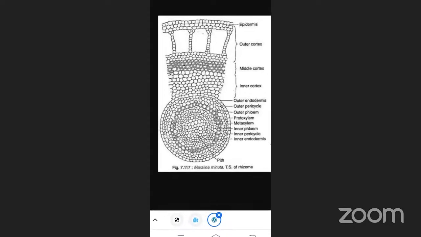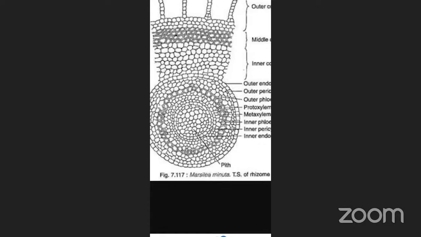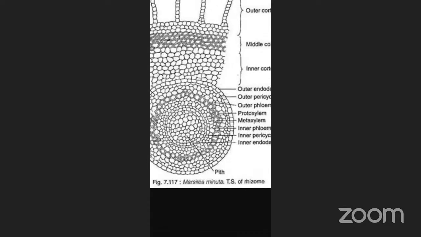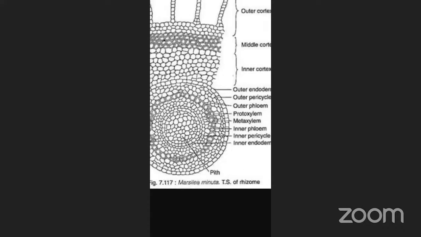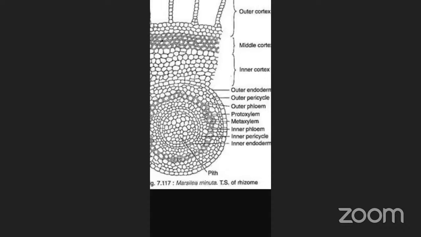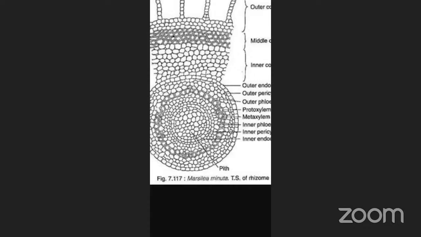Amphiphloic siphonostele means the xylem is surrounded on both sides by the phloem, on the inner side as well as the outer side. Inner pericycle and inner endodermis are there, and outer pericycle and outer endodermis are there, and outer phloem is present, inner phloem is also present.